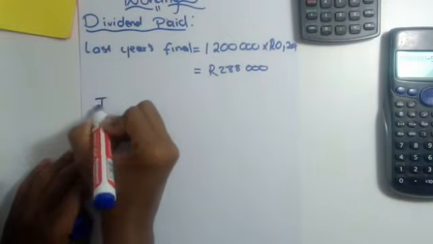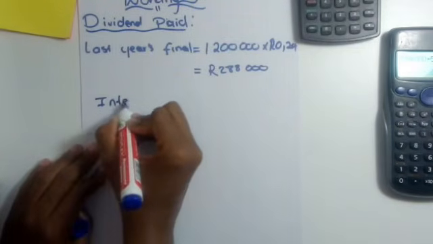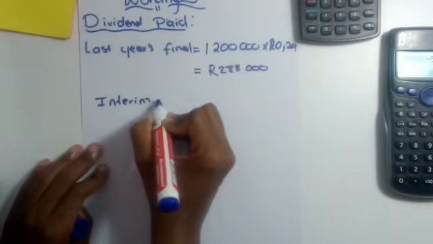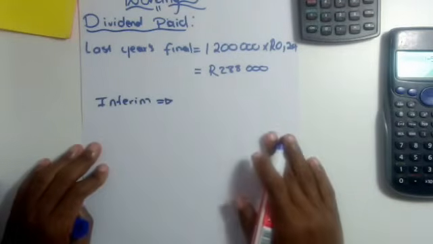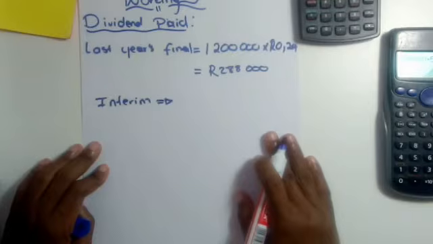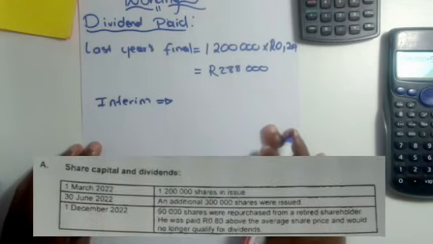Adding to this amount, we are also going to include this year's interim. For this year's interim, we need to know on the date when we were paying this interim, how many shares were in issue.